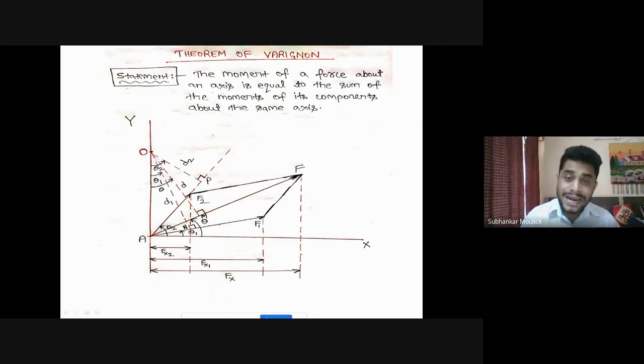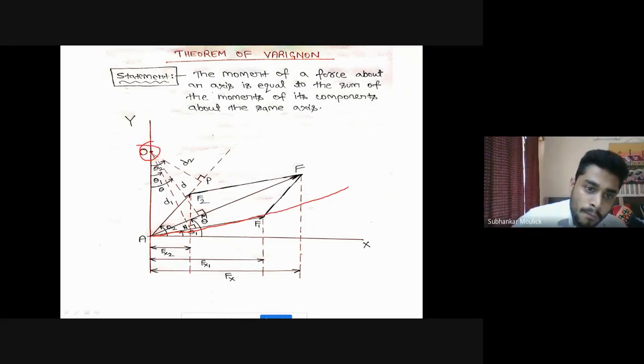Similarly, I have to get the perpendicular distances for force F1 and for force F2. So for force F1, this is the force F1, and this is your point O. From point O, this is your perpendicular distance. Let this distance be d1. For force F1, the distance is d1.